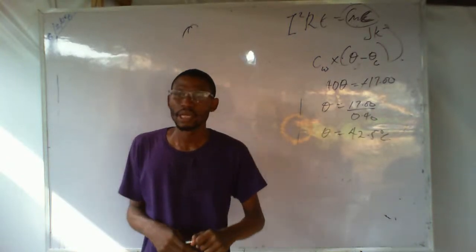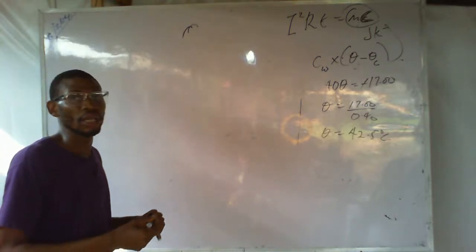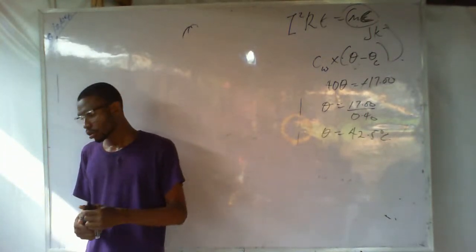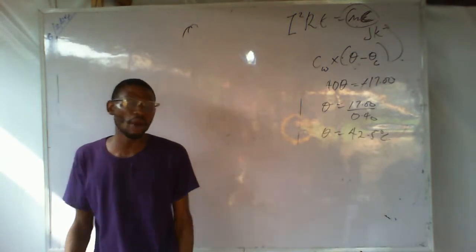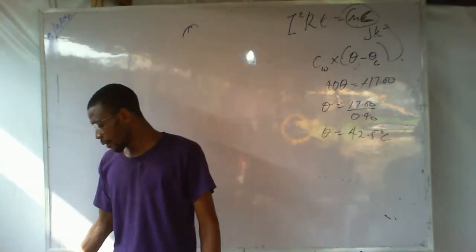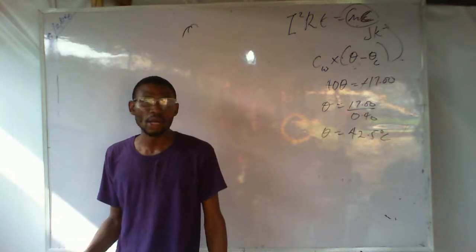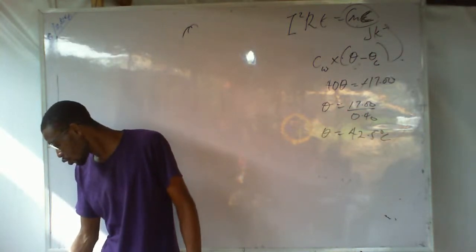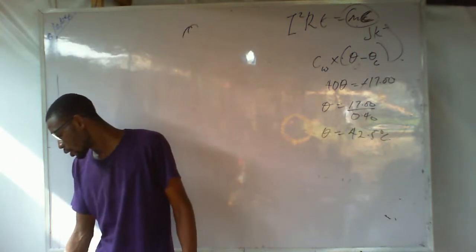Everybody look, can we take that together? Heat gained by water plus heat gained by calorimeter. Now everybody, let's go back to that expression together. Heat lost by solid is equal to heat gained by water, plus heat gained by calorimeter.